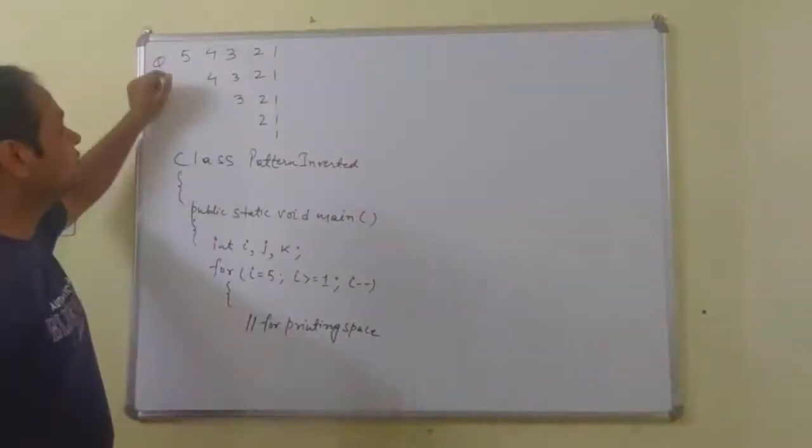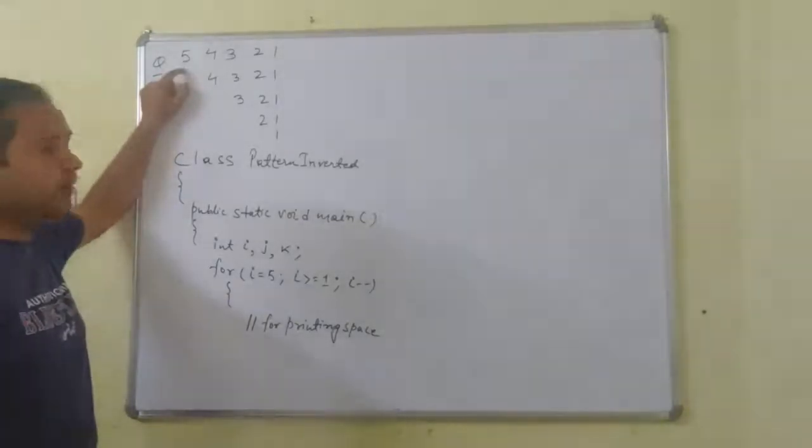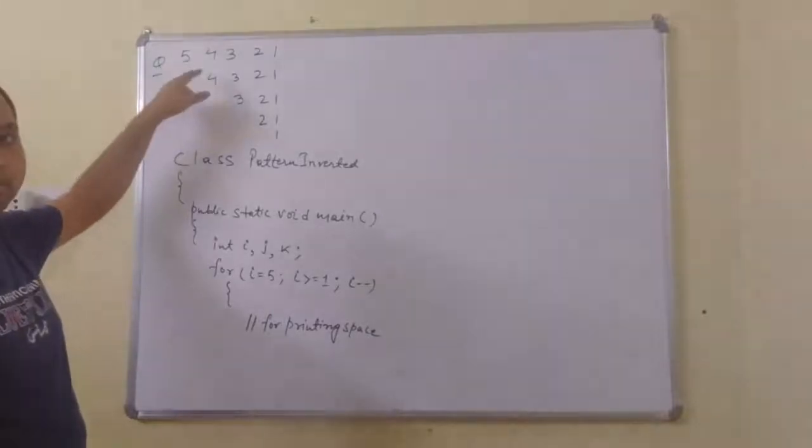So you can see that in the first line we are having no space, it starts from 5 and goes till 1. In the second line the space has to start printing, so in the first line we will not print any space.